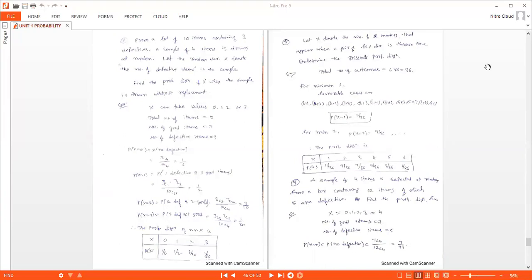So write down all the combinations with minimum number as 2. You should not write 1. So 1 comma 1, 1 comma 2 will not be there. Minimum, 2 comma 1 will not be there. Minimum number 1 should not be there; minimum number 2 should be there.